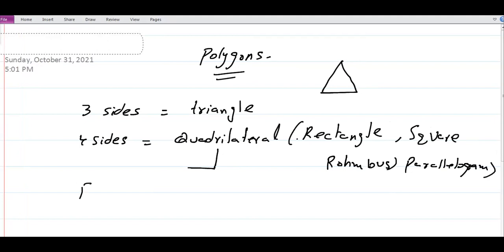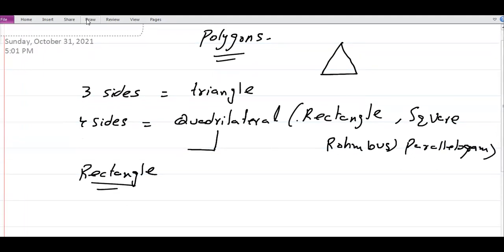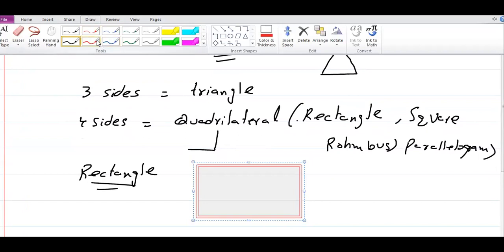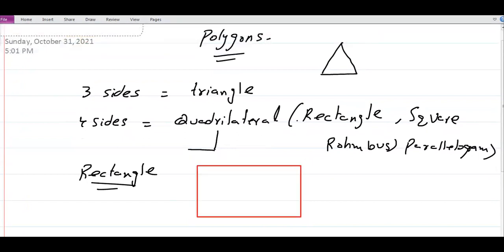Now, if we talk about the rectangle only, in rectangle, all four sides are inclined at 90-degree angle. I mean, what will happen? Each angle is 90 degree. Opposite sides are equal.